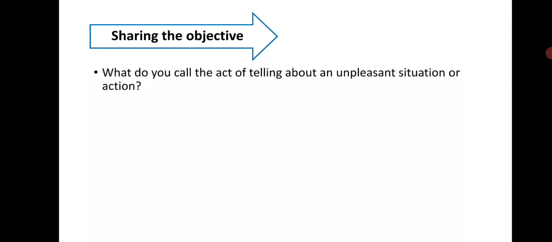Afterwards, I moved to the stage where I shared the objective with my students. In order to share the objective indirectly, I asked students, what do we call the act of telling about an unpleasant situation or action, something that we don't like and we find unacceptable?